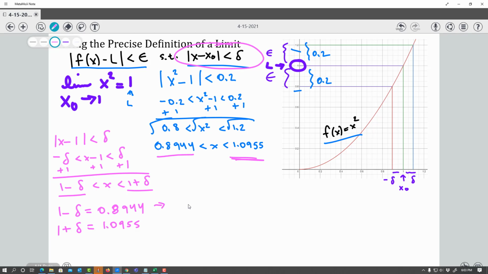And if you do the algebra here and solve for delta, you'll get 0.1056, and you will get 0.0955, and you always pick the smaller value because you want smaller error. And so that's the whole process of finding the precise definition of a limit.